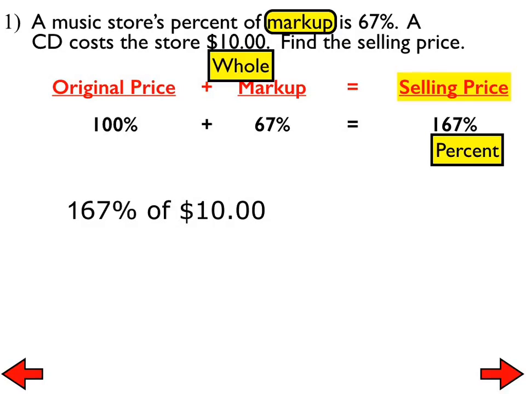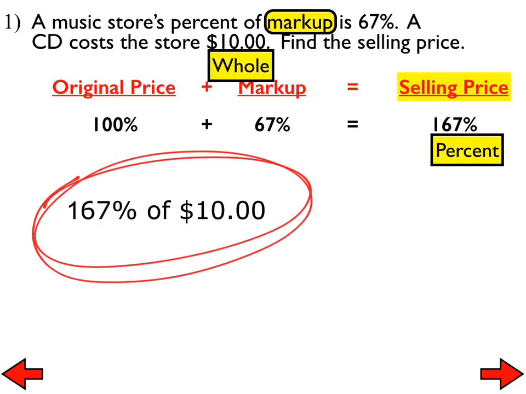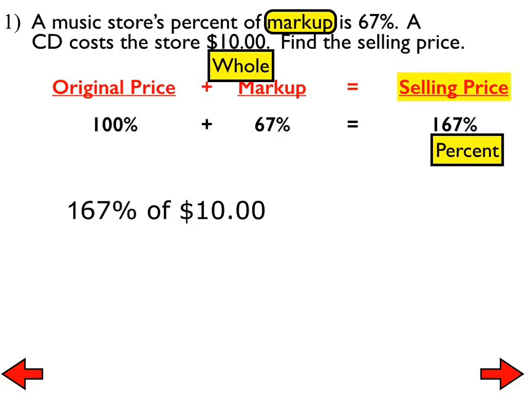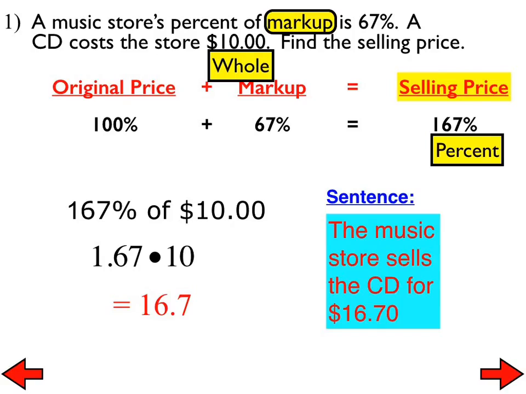Go ahead and write this down in the third column. Now 167% as a decimal would be 1.67. Times 10 would be $16.70. Same answer. But it's a lot faster. You do it in one step.